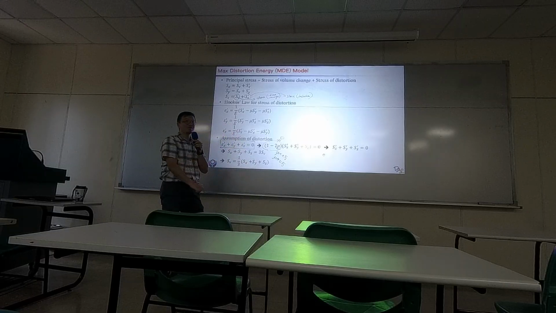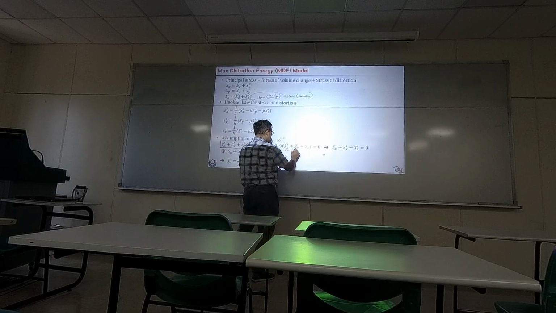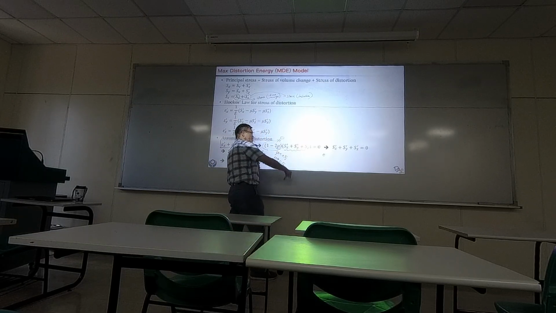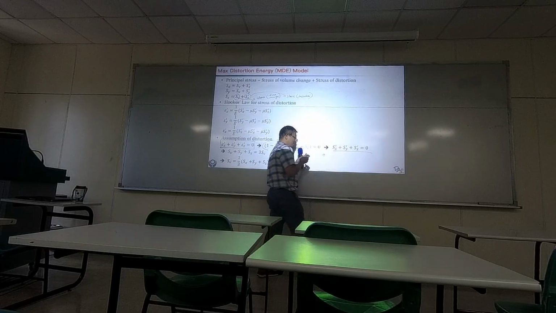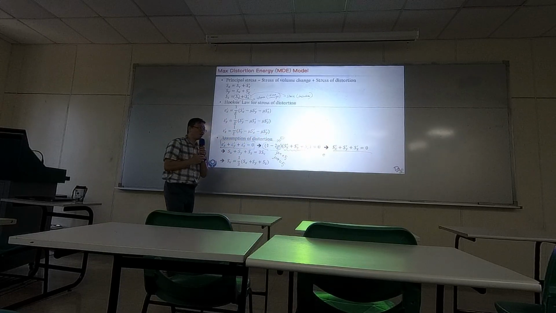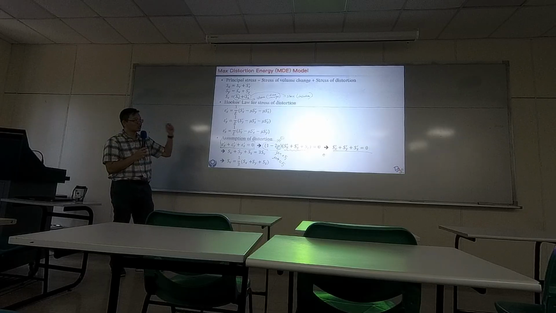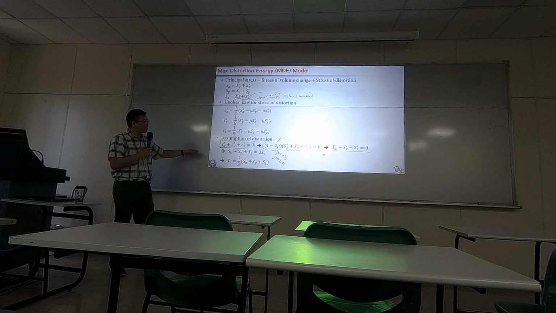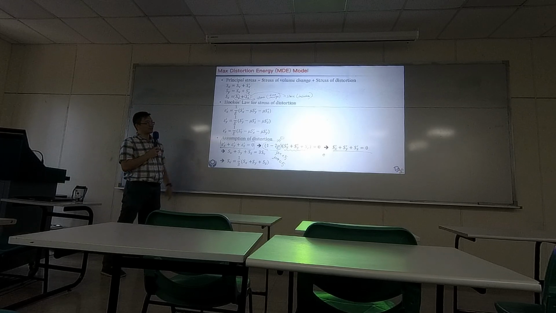If that term won't be 0, then whatever you have right here has to be 0. So it turns out the sum of the stresses for distortion equals 0. That's a new equation that we come up with if we agree with this assumption.